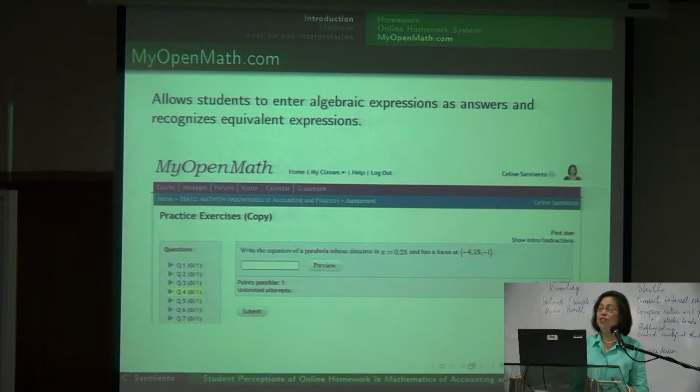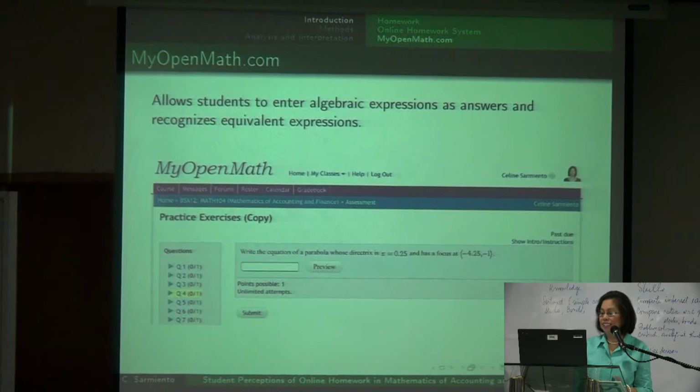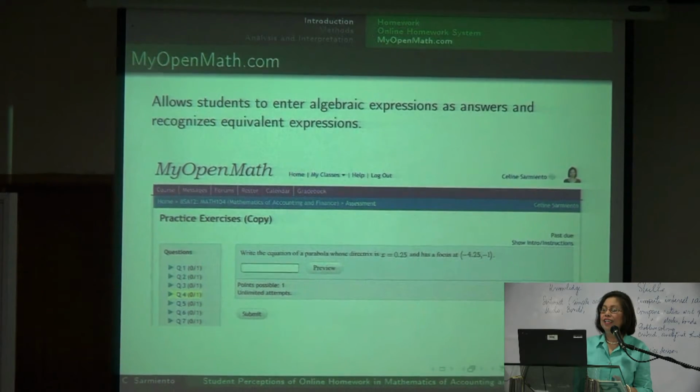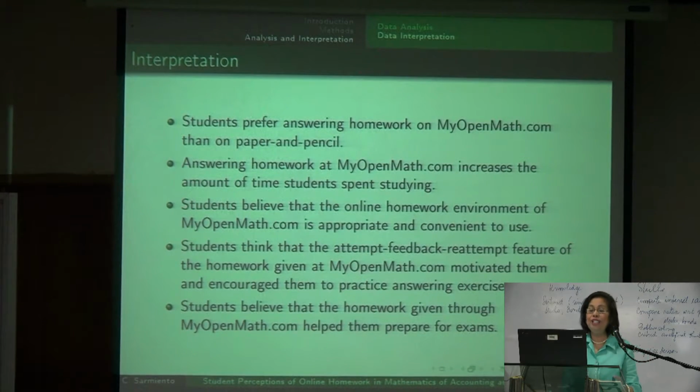Allows students to enter algebraic expressions as answers and recognizes equivalent expressions. Okay. So in her study, she found out that students prefer using this online homework.